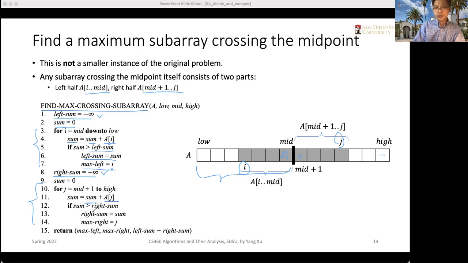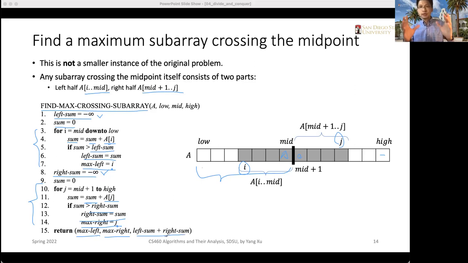And if it's larger than the right sum, we record the maximum value and the corresponding maximum position for j. Okay. And lastly, after the two scans are done, we return the left index, the right index, and the total summation of the maximum subarray.